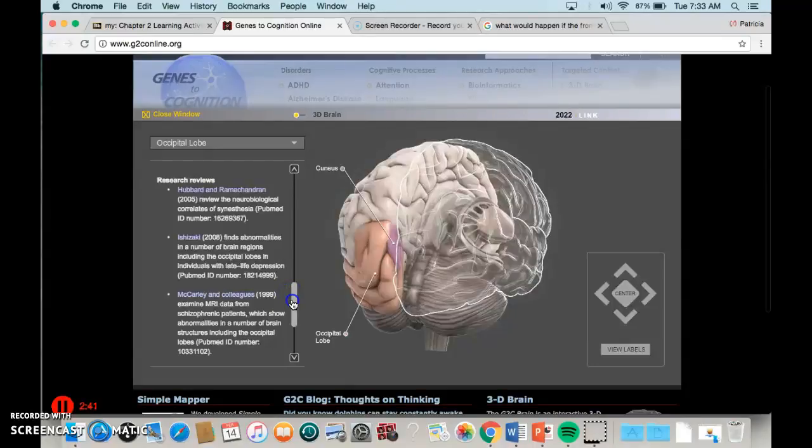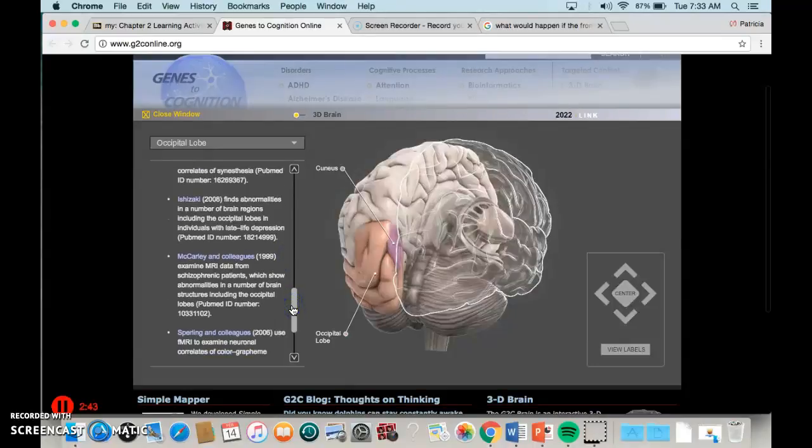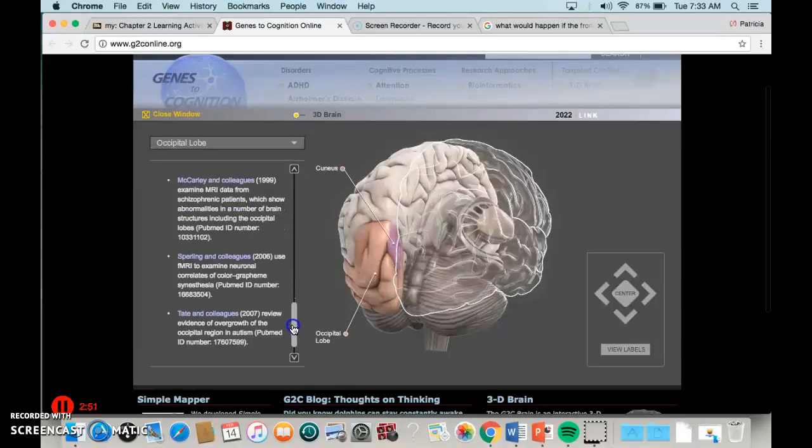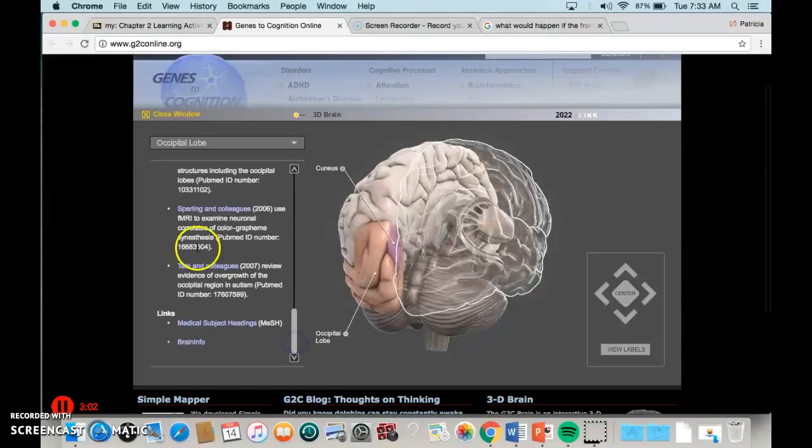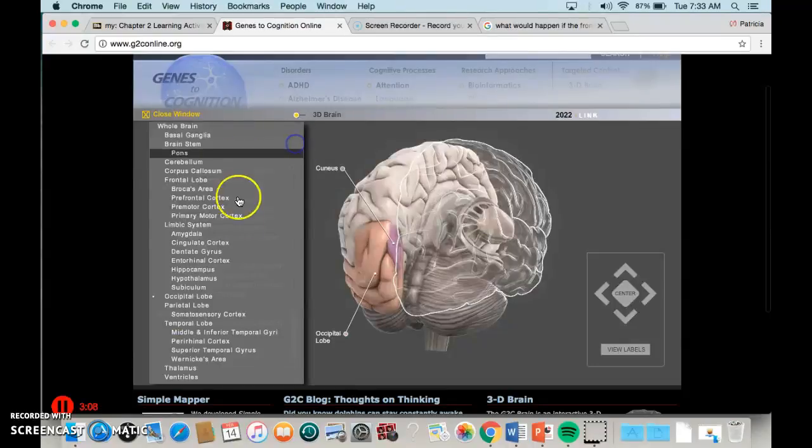McCarley and colleagues examined MRI data from schizophrenic patients, which shows abnormalities in a number of brain structures, including the occipital lobes. Sperling and colleagues used MRI to examine neural correlates of color-grapheme synesthesia. Tate and colleagues review evidence of overgrowth of the occipital region in autism.